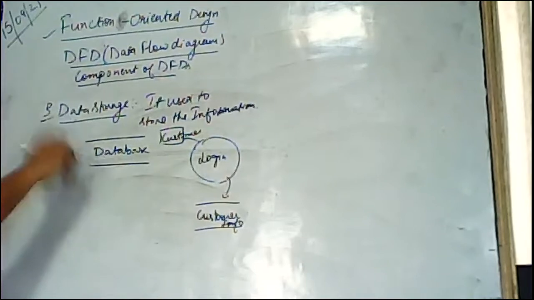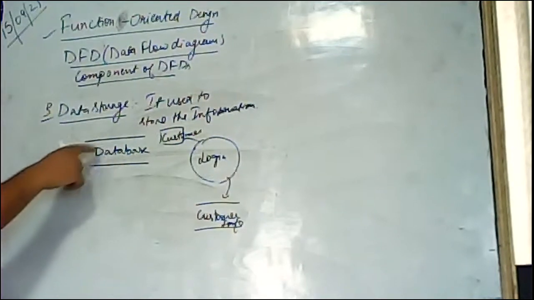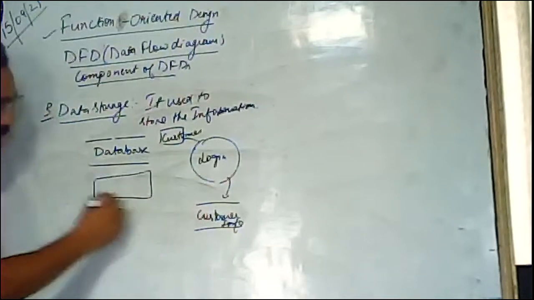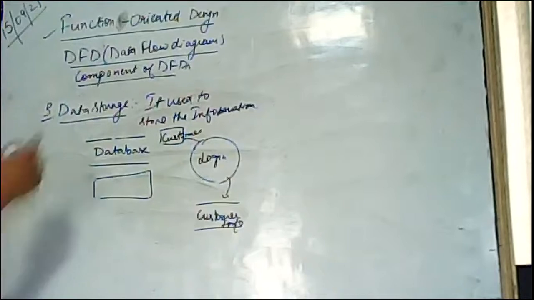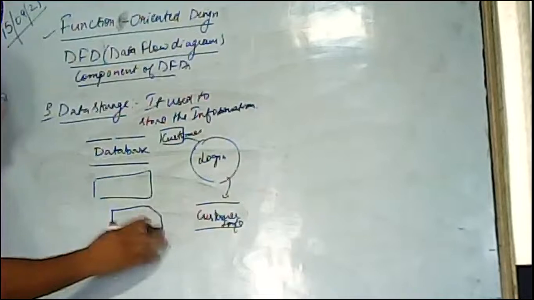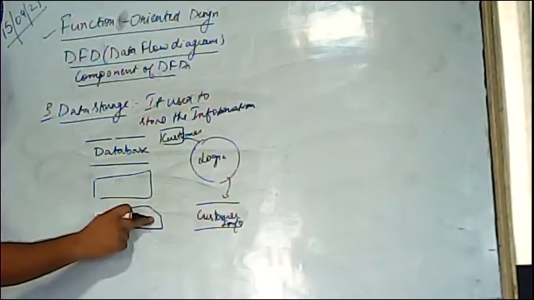Draw the diagram of your project in DFD form. Use these things. For data storage, your open rectangle. For your entity, this is the symbol. If your output is there, then this is the symbol: a rectangle where the top side is folded.